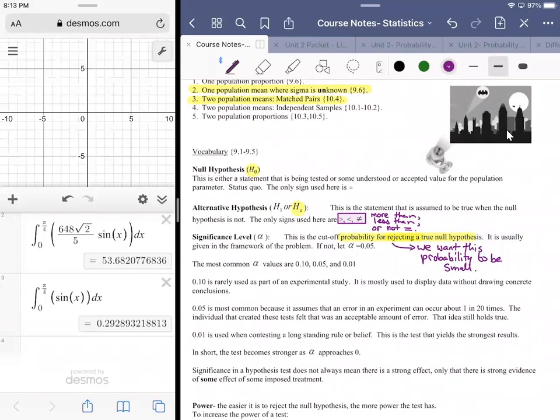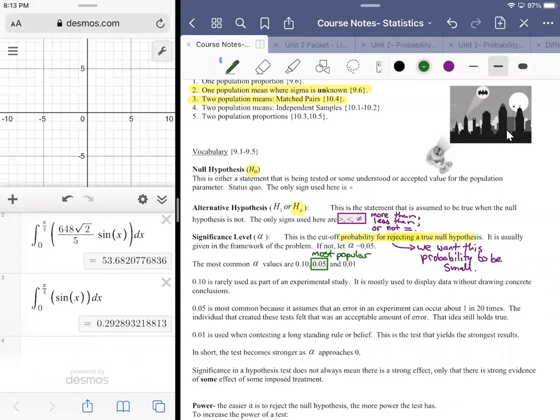The most common values for alpha are 0.10, 0.05, and 0.01, with 0.05 being the most popular. All right, and you can see the little breakdown there. 0.10 is rarely used as part of an experimental study.